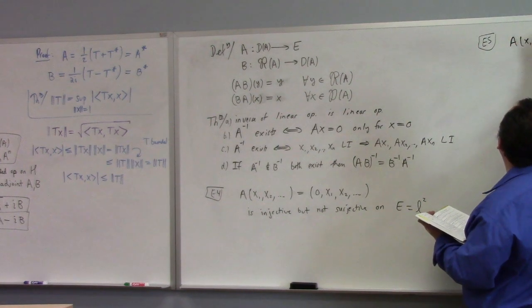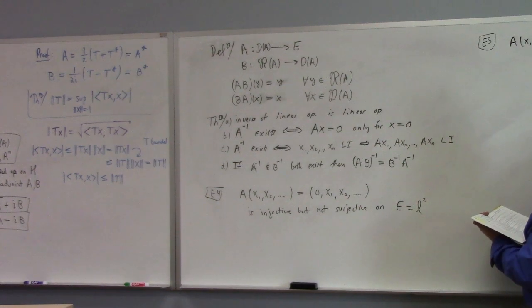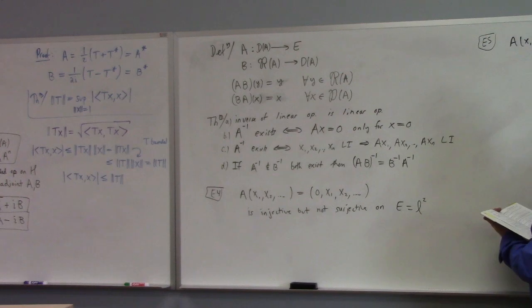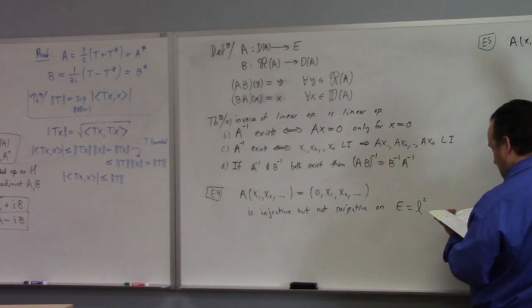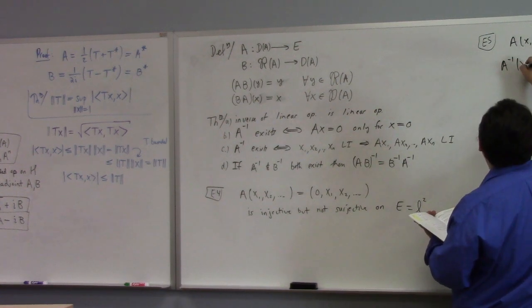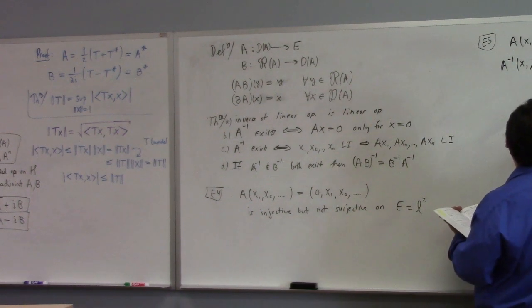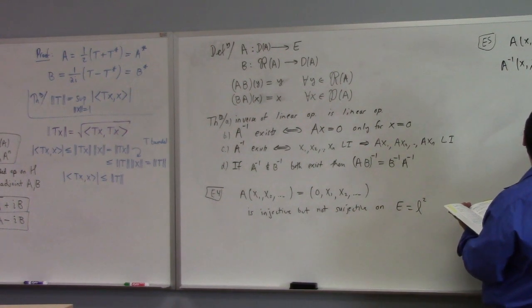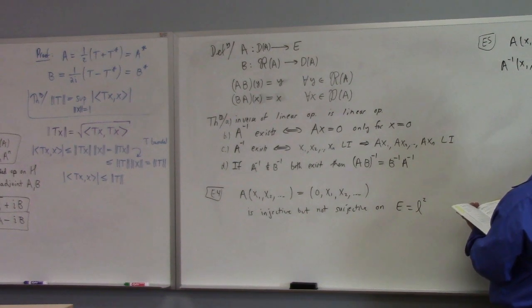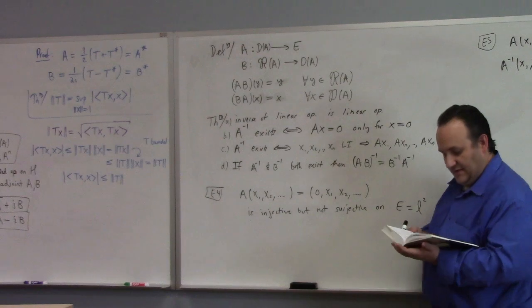A(x1, x2, ...) equal to (x1, x2 over 2, x3 over 3, ...), and A inverse. What's the formula for A inverse? (x1, 2x2, 3x3, ...). That's how you undo what A did. Easy enough to see that.